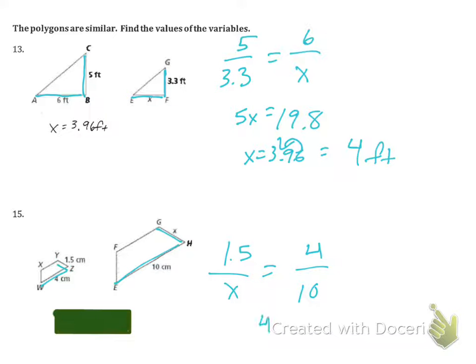That would give me 4x is equal to 15. Then I'll divide by 4. So 15 divided by 4 gives me 3.75, and it's centimeters.